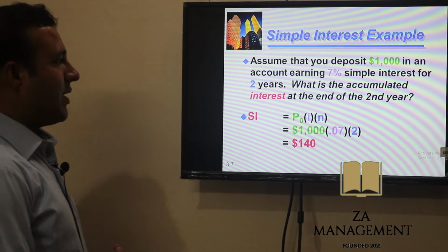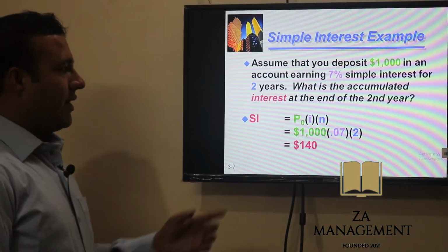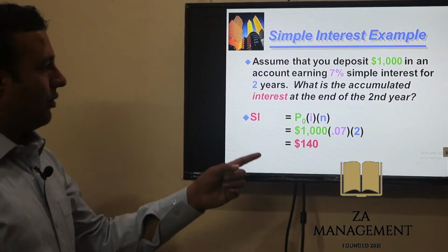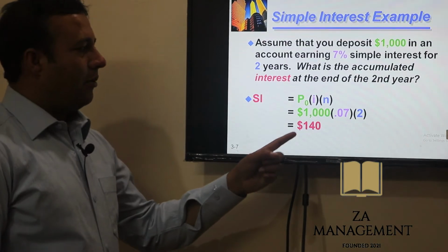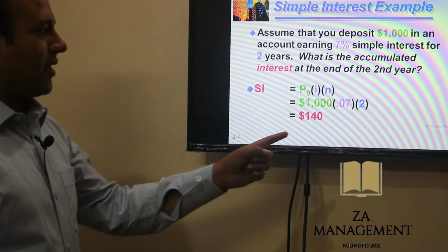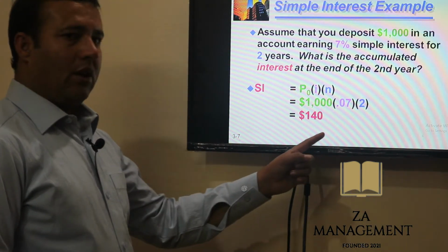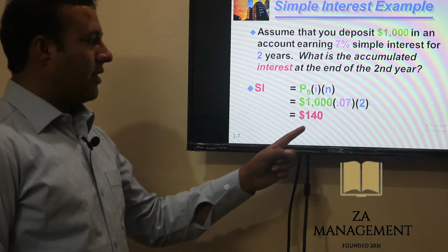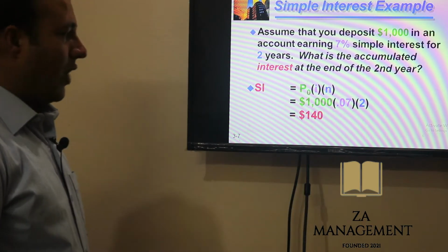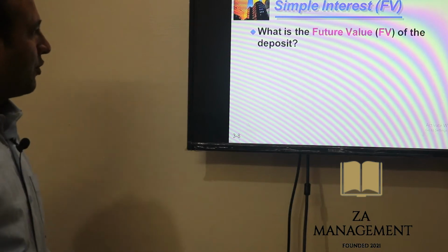What is the accumulated interest at the end of the second year? Principal is 1000, interest rate is 0.07, and the number of periods is 2. Multiplying all these, the interest is equal to $140. This is simple interest for 2 years.